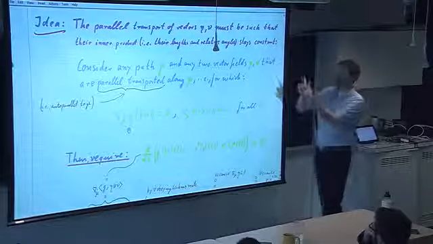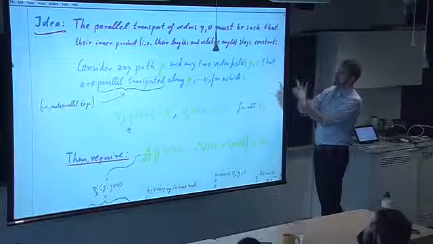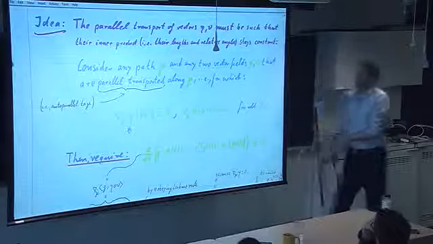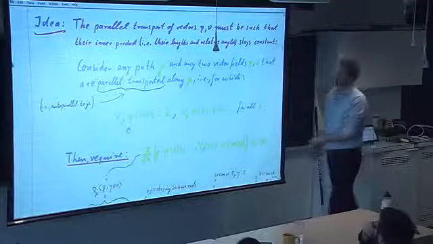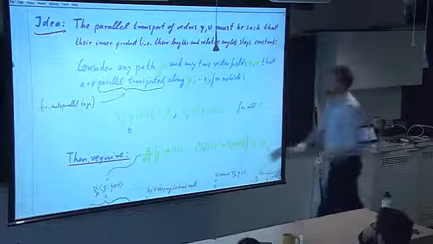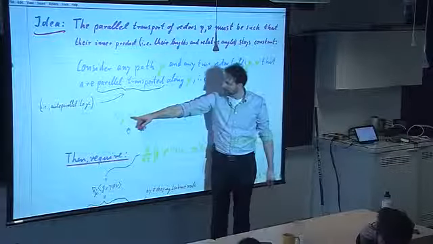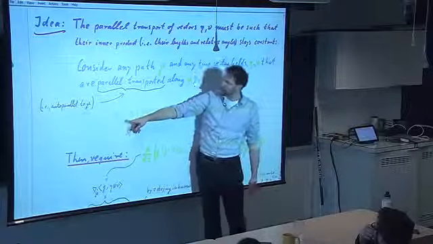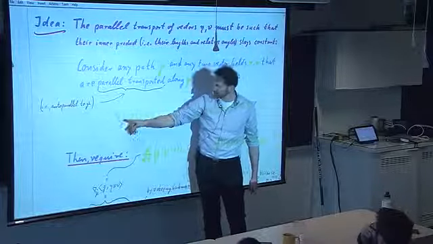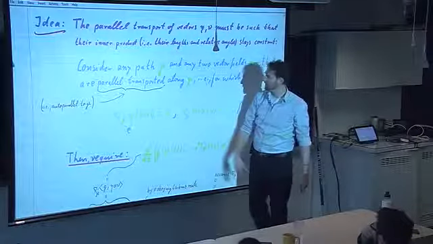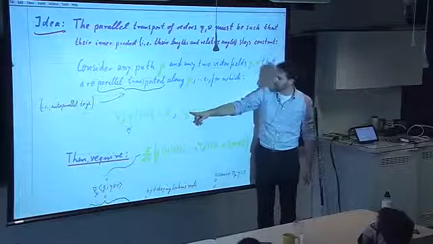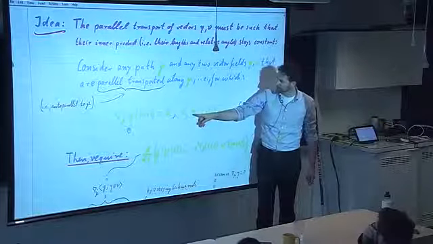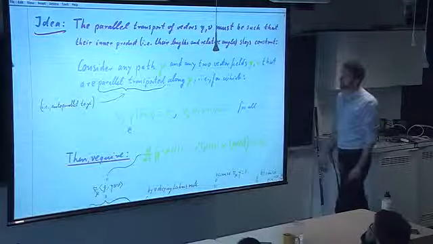So there's nu, there's eta, and they're parallel transported along the path. So we have that the vector field eta covariantly differentiated in the direction of the tangent vector of the path is vanishing. And the autoparallel condition on the vector field nu is the same thing: it covariantly differentiated in the direction of the path is vanishing.